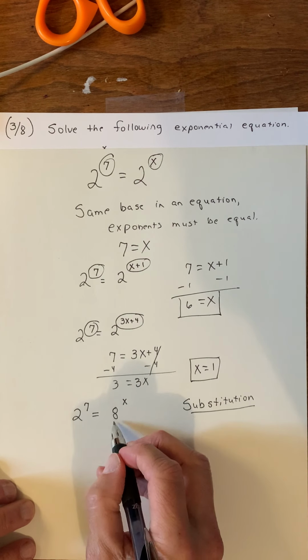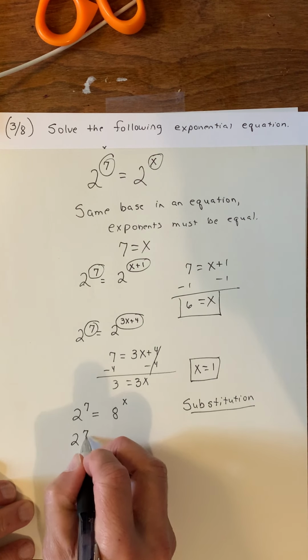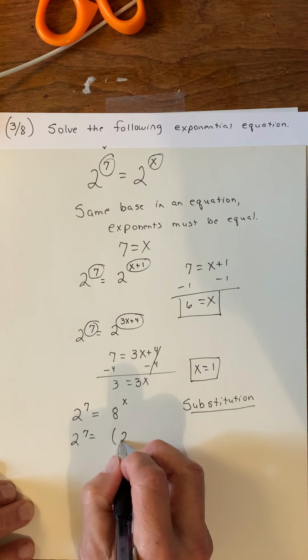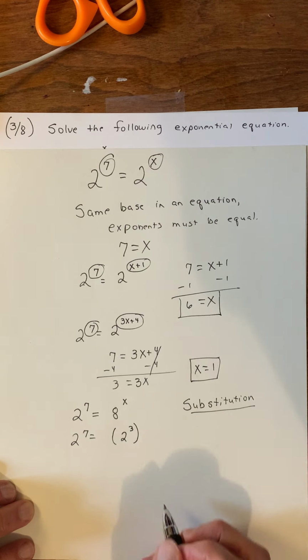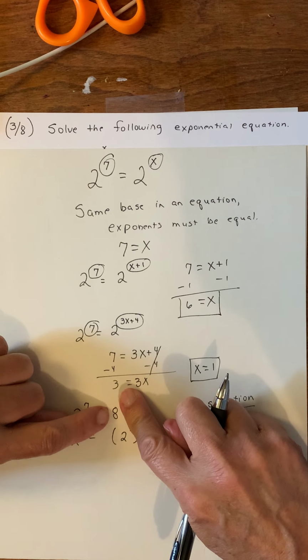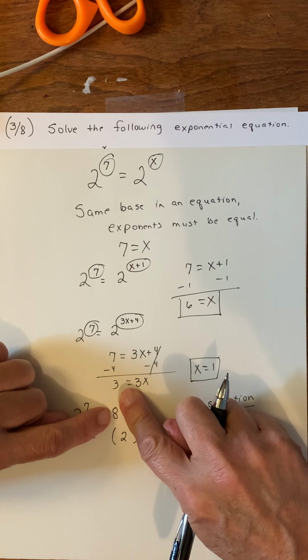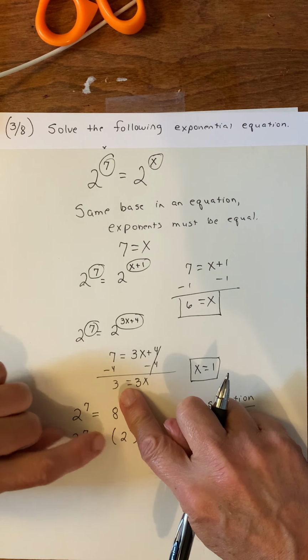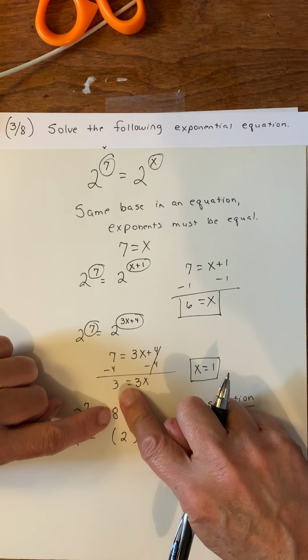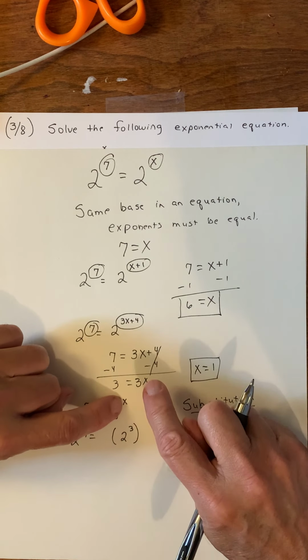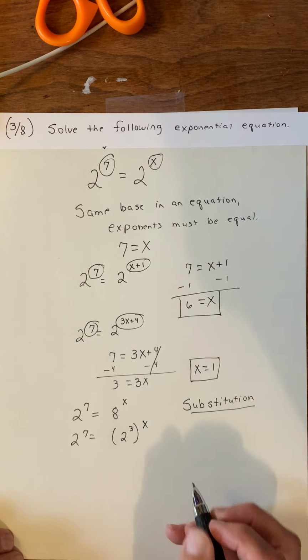So in the place of 8, I'm going to substitute 2 to the 3rd power. Now remember, I'm just substituting for the 8. 8 is the same as 2 to the 3rd power, but the right side of my equation is this to the xth power.